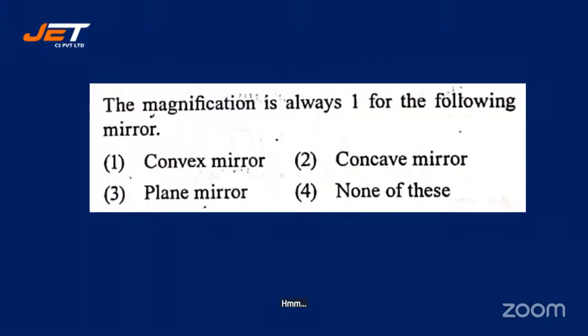Magnification is always one for the following mirror. They are asking the same question again, in a different way. Convex mirror, concave mirror, plane mirror, none of these? Magnification is always one for the following mirror. Yes, Meenakshi, Jhansi, Gopichan, Indupriya, Vasant.